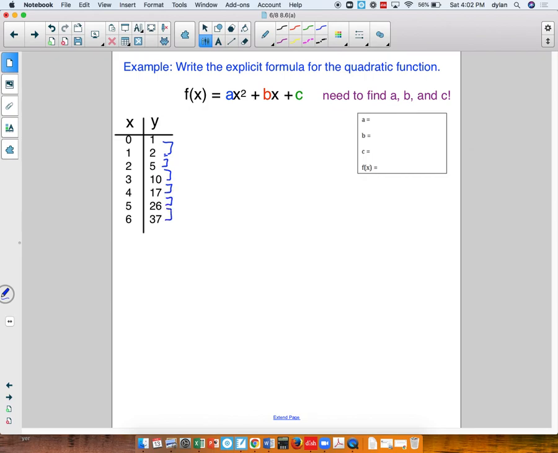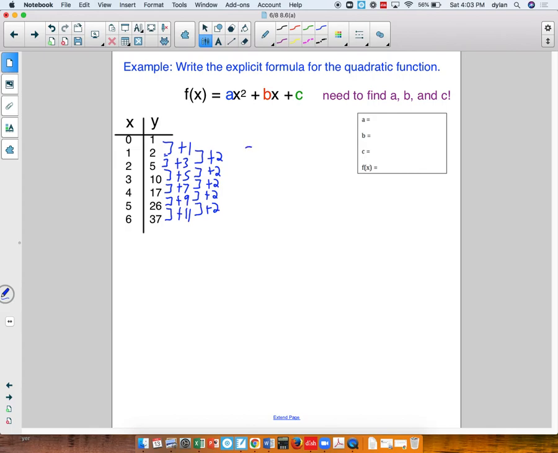So between each one, we'll find our common first differences. We're adding 1, adding 3, adding 5, adding 7, adding 9, and adding 11. And then we will find our common second differences. In this case, we're adding 2 each time. So that tells us that our common second difference is 2.